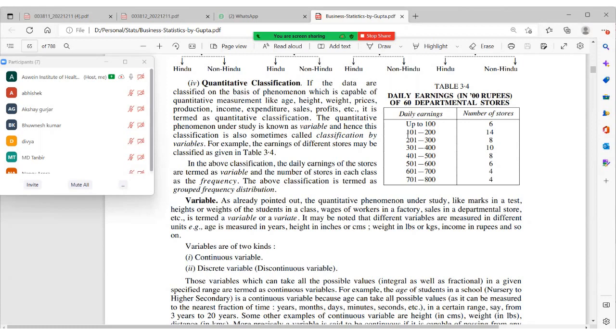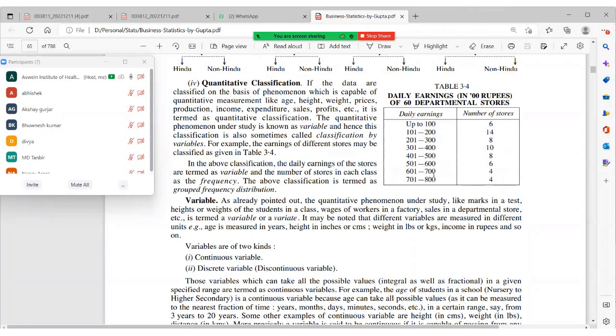Now, this first column is called the variable, right? Variable means that which varies. Whatever we need to calculate, either mean, median, or any statistical calculation, we have to find the result only for that variable.